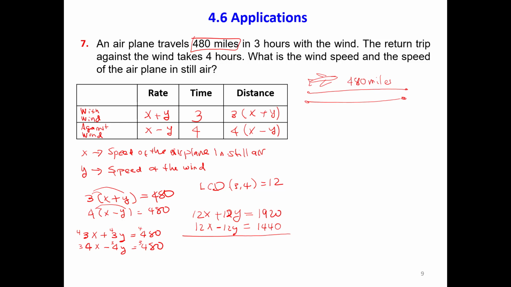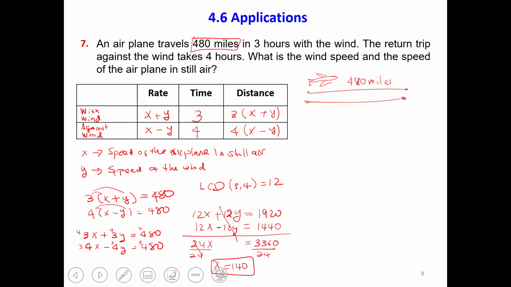Now we can eliminate y, because it's positive and negative. If we add the equations together, we have 3,360 equals 24x. Solve for x: we divide by 24, and x equals 140.